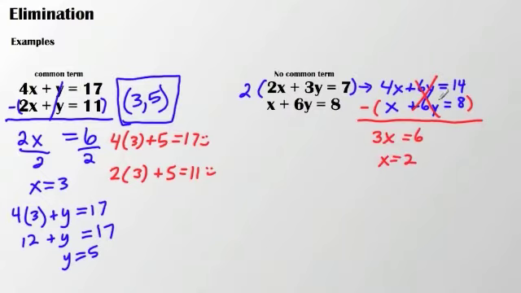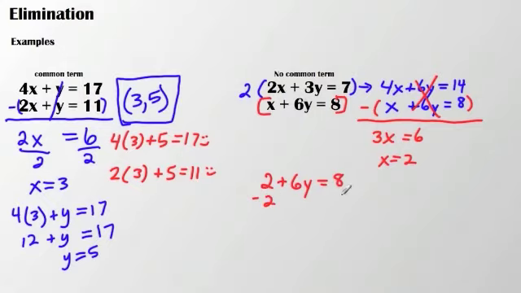Now I still have to go back and find what y equals, because remember I need an x and a y coordinate, but I can go ahead and plug into my second equation over here. I know x equals 2, so I'm going to say 2 plus 6y equals 8, and then I'm going to go ahead and solve for y.